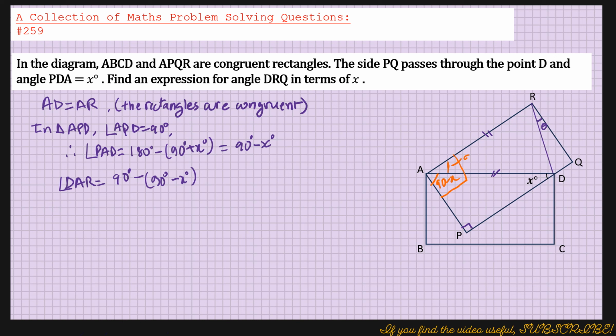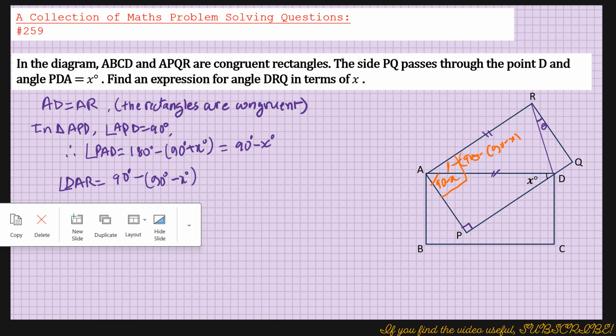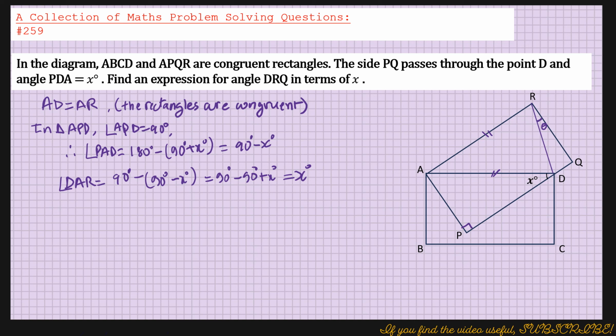So this bit would be 90 minus (90 minus x). That would equal x degrees. Therefore angle ARD, this angle, would equal 180 minus x, where we have found the angle DAR as x degrees.